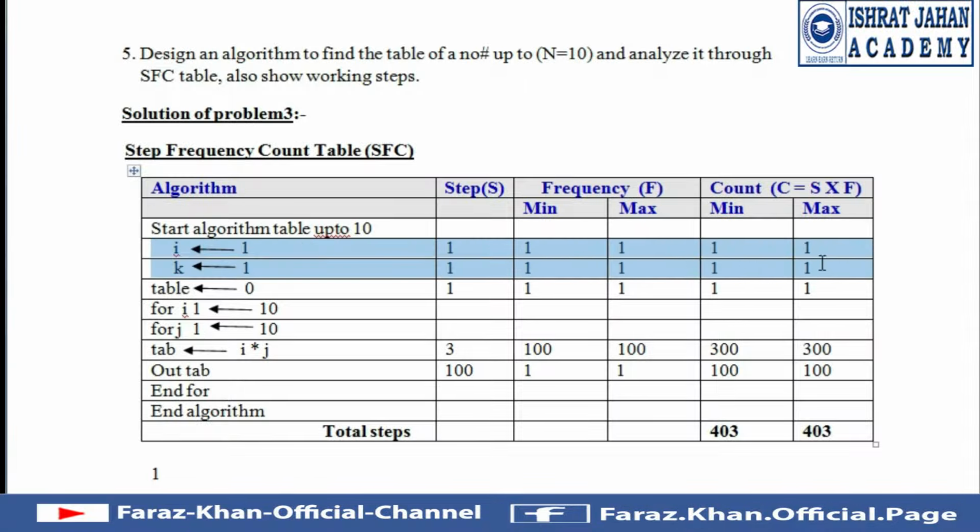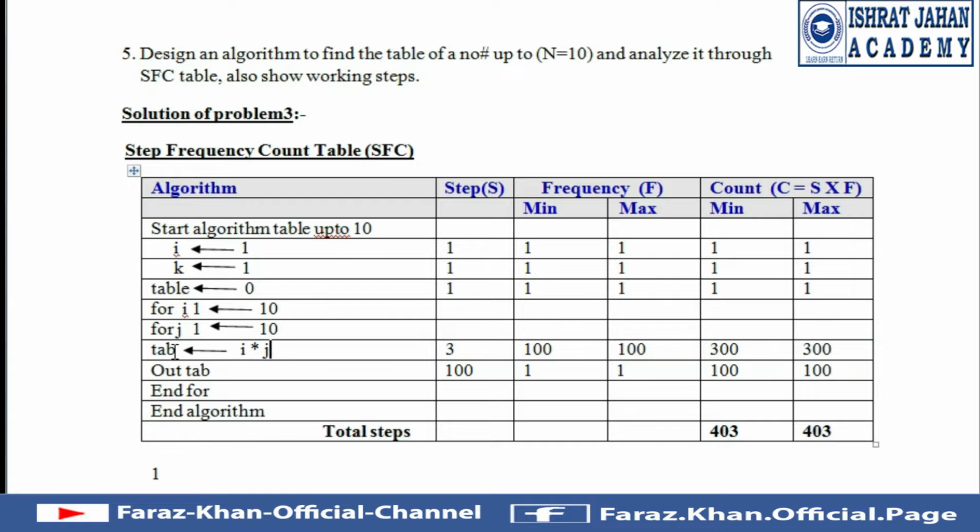It will take 1 step in minimum, 1 step in maximum. It will also take 1 step in minimum, 1 step in maximum. It will take 1 step in minimum and 1 step in maximum. Now loops are not the executional part, so I will calculate the steps of this.